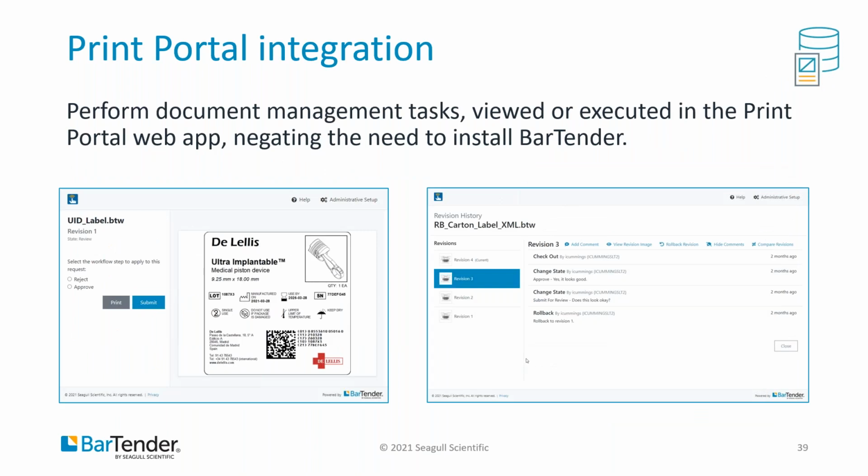Print Portal, as seen before, has a part to play in this. It can perform a few different actions as it pertains to document management, such as approving or rejecting an approval request for a document design, to view the various document revisions, to compare those revisions, to view an image of a particular document, and to also add comments to the document.